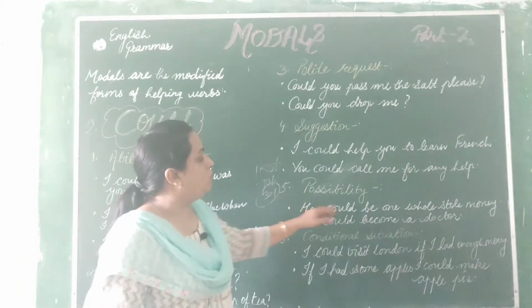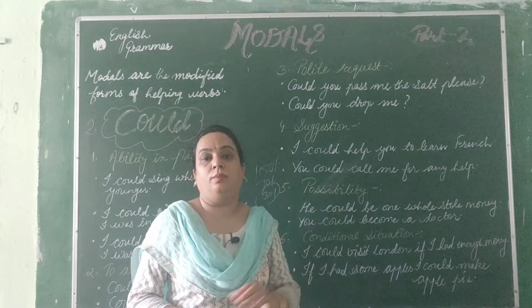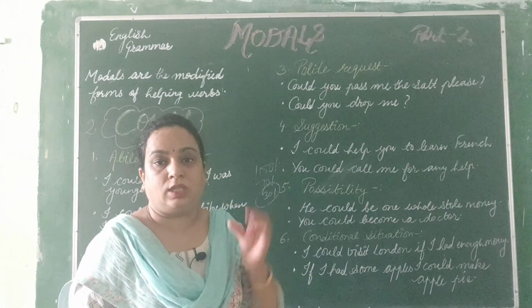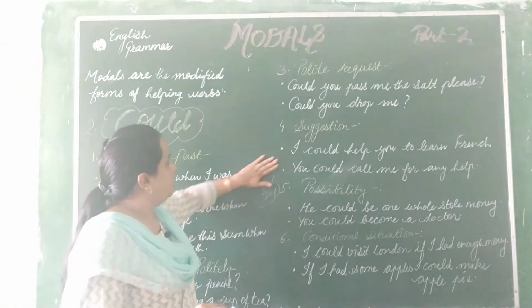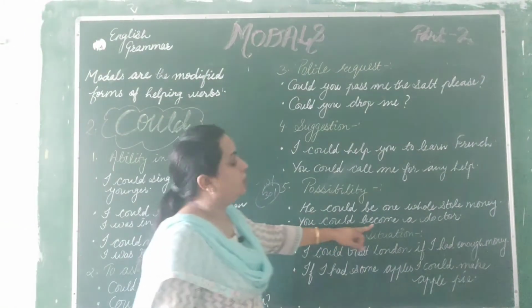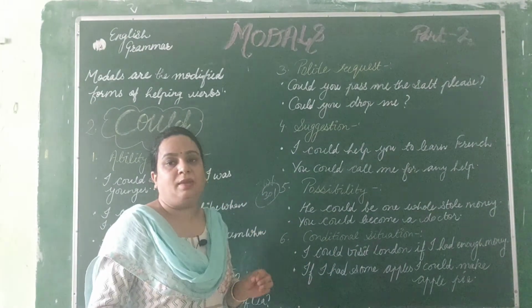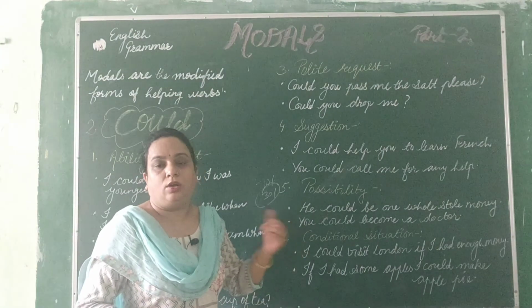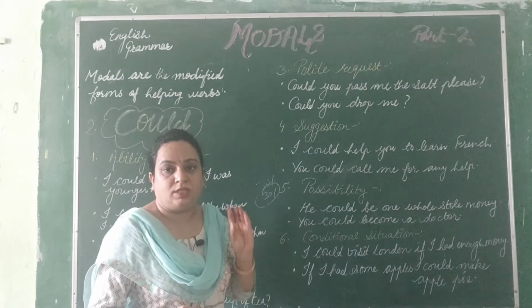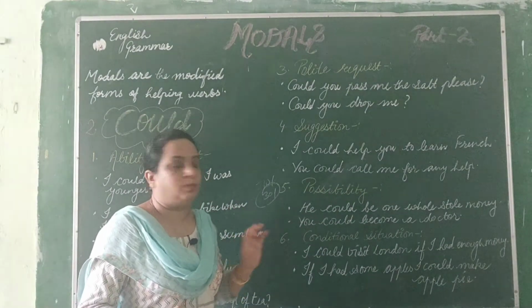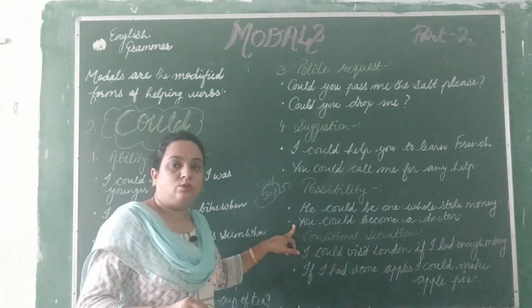Like he could be the one who stole the money. कि शायद उसने चुराए हो सकते हैं, जब पॉसिबिलिटी बहुत वीक है, 30% ऑफ पॉसिबिलिटी है, ठीक है. लेकिन ही कुड बिकम अ डॉक्टर, कि यहाँ पे पॉसिबिलिटी कम है कि वो पढ़ता लिखता तो है नहीं और डॉक्टर बनने चला है, तो ही कुड बिकम अ डॉक्टर. मीन्स डाउटफुल सिचुएशन है, बहुत वीक पॉसिबिलिटी है. So for that we can use could here.